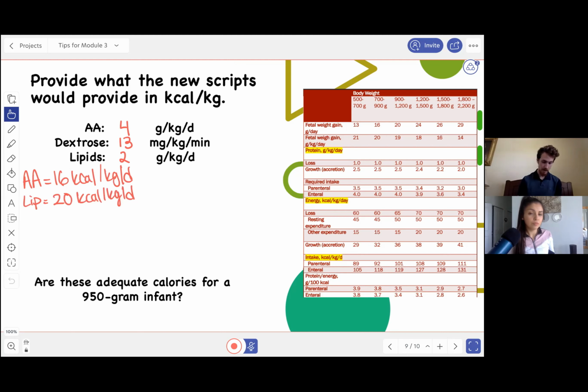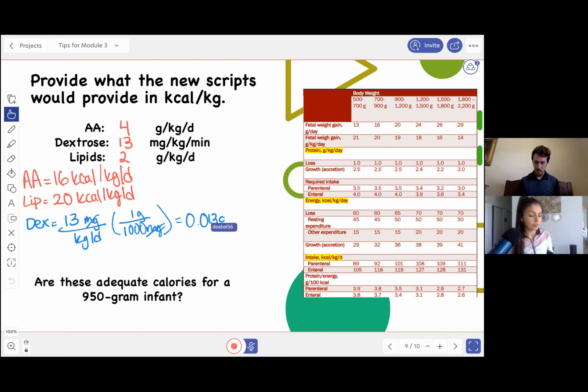This time we have 13 milligrams per kilogram per minute. To get rid of the milligrams, we multiply by 1 gram over 1,000 milligrams to give us 0.013 grams per kilogram per minute.